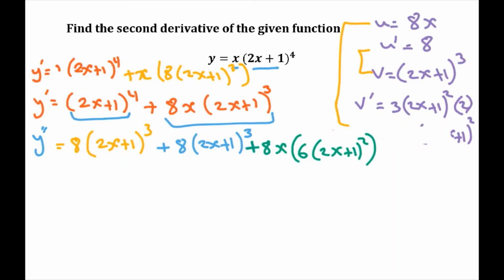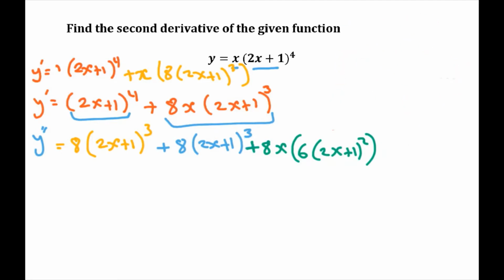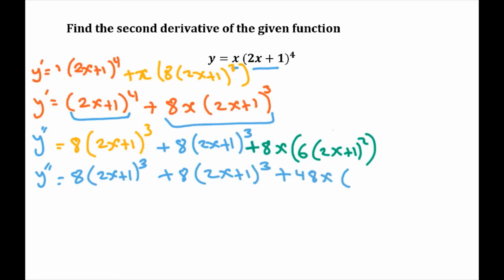Okay, so now next we're going to simplify. So y double prime equals 8(2x plus 1) to the power of 3 plus 48x(2x plus 1) to the power of 2.